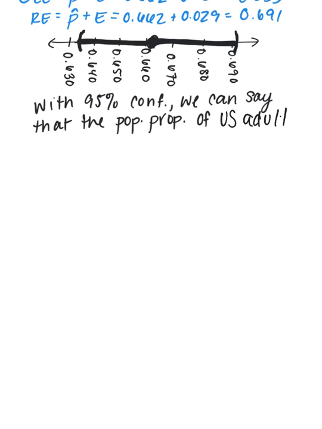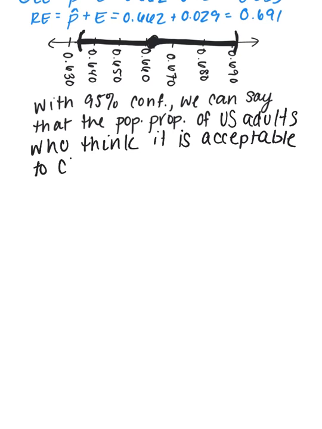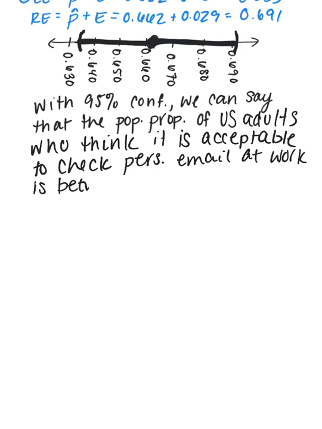So with 95% confidence, we can say that the population proportion of U.S. adults who think it is acceptable to check personal email at work is between, what was it, 63.3% and 69.1%.